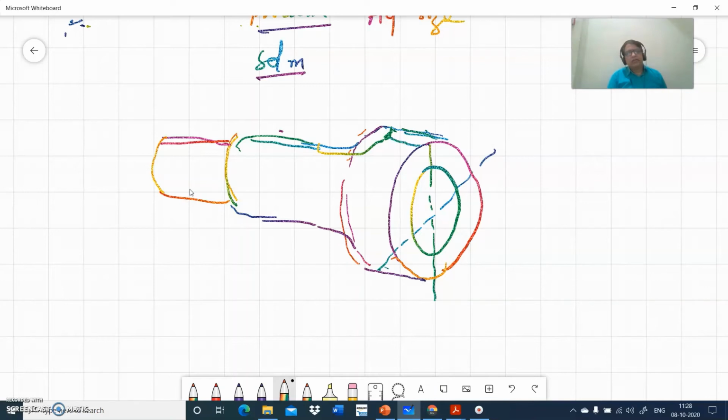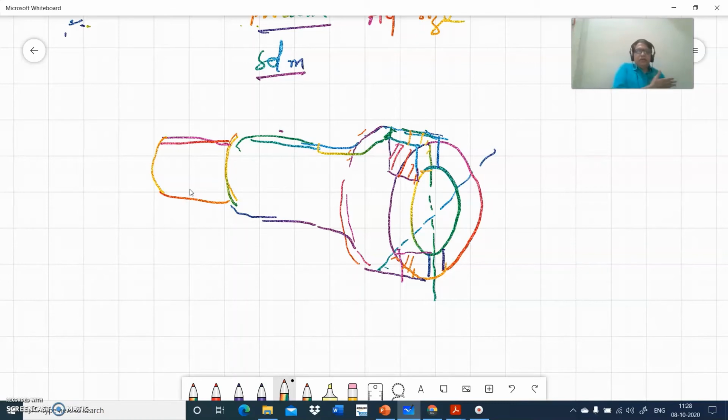If the quarter tears out this area, this area I'm talking about, you will get this area on one side, and the same area you will get on the other side.